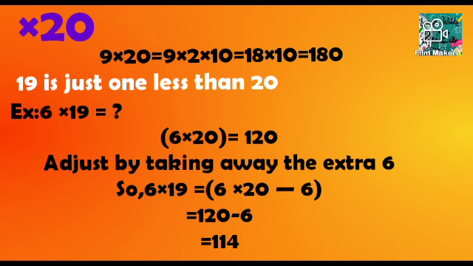Then children, subtract 6 from 120, because we have to adjust by taking away the extra 6 since we are multiplying by 6. So 120 minus 6 is equal to 114. Once again I'll repeat, we are multiplying 6 by 19. First of all multiply it by 20, then you get 120. Then subtract 6 from 120. So 120 minus 6 is equal to 114.